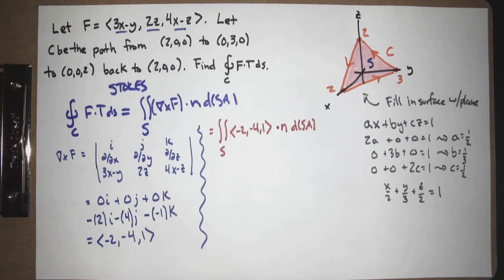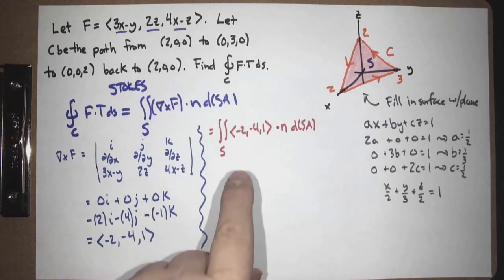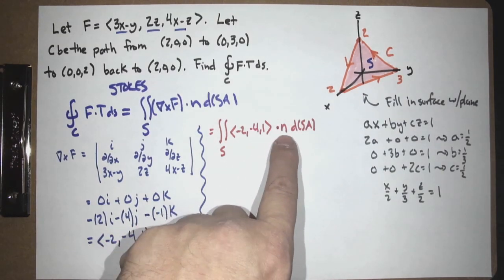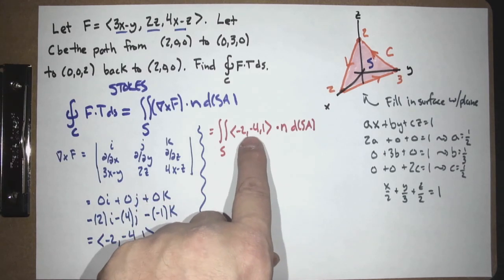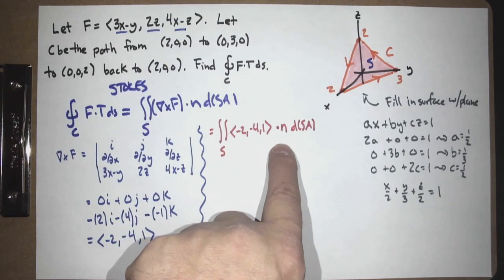One is that we could try to figure out n. We could do it, wouldn't be too hard. Take the dot product and then try to figure out the area of the triangle. Again, we could do it. Or we can think of this as a surface integral. This is a flux through a surface. So if you only see a vector valued function dot n, that's computing flux through a surface.